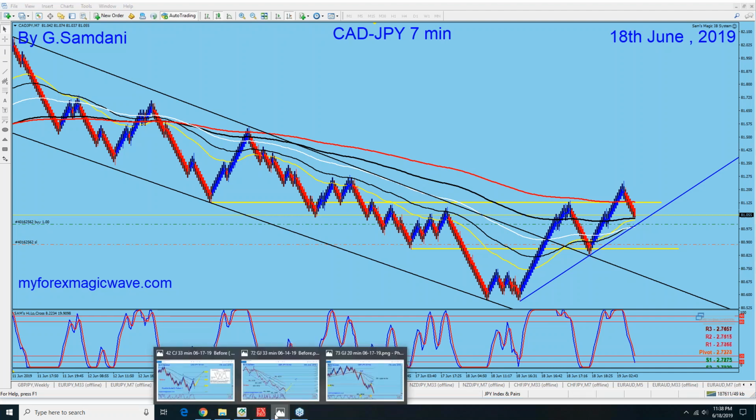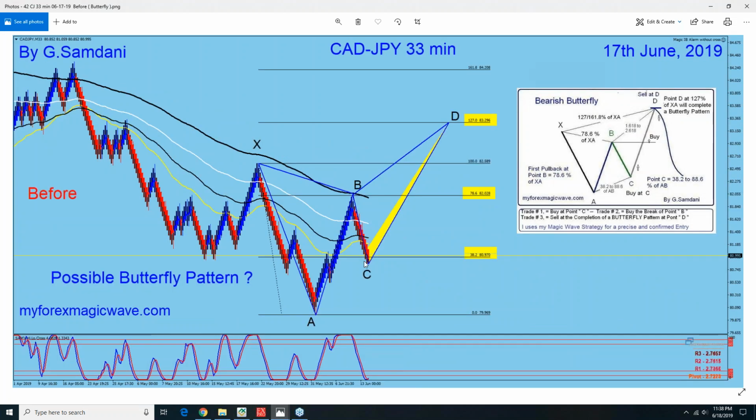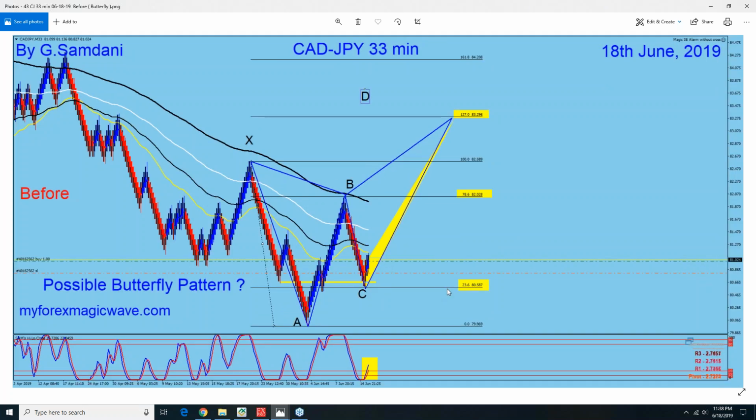Now what happened is that this point here, instead of 38%, dropped more, to where? This is the 23% line. Like I said, either it's bouncing from the 38% or the 23% line. At 38%, it never bounced, it never gave us the bullish setup, and in fact it went down.